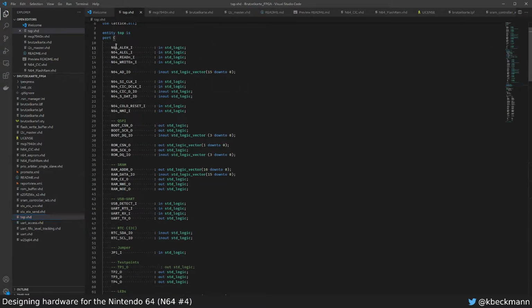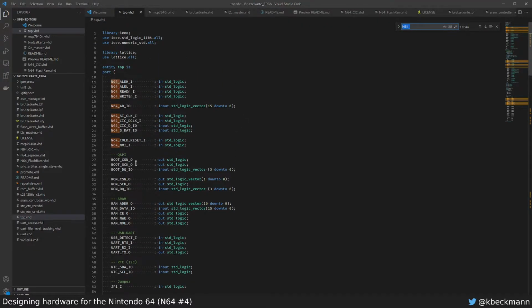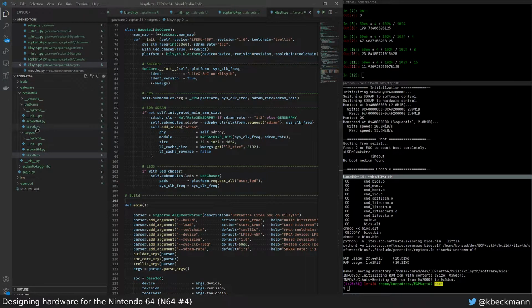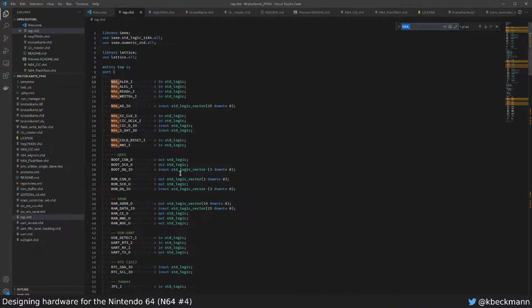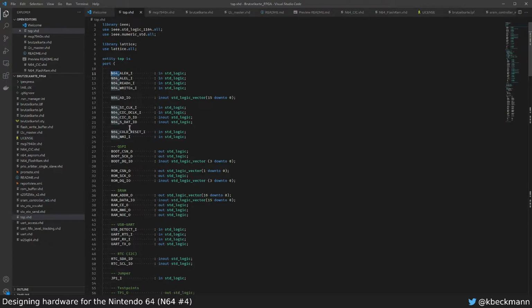So I guess all of the N64-prefixed signals are the ones connected to the cartridge. That makes sense. The way I did this was to expose them in this way. So we have an N64 card, and we could actually call this N64, which makes the names shorter. Let's double check they match.